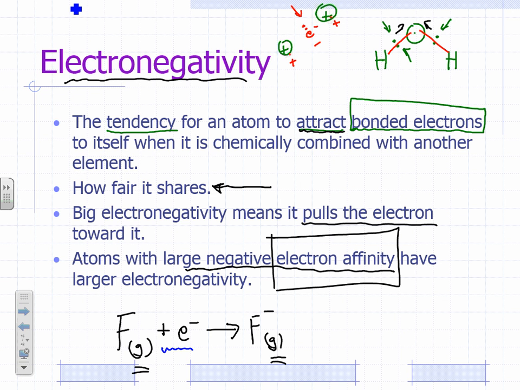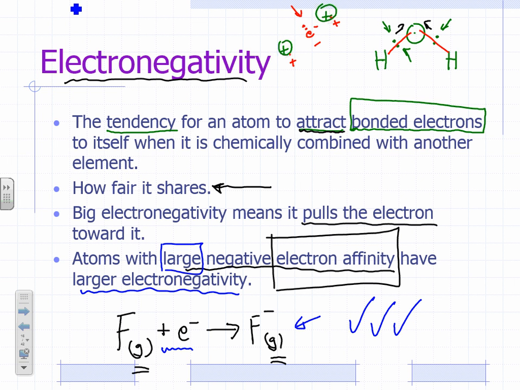So this statement that atoms with large negative electron affinities means that when this equation here occurs, the large energy value implies that the reaction occurs really easily. So in other words, it has a very strong attraction for the electrons. And that's also a contributing factor to the large electronegativity.